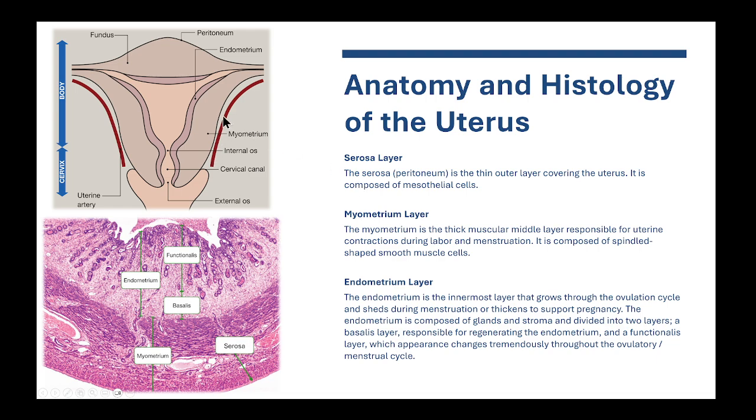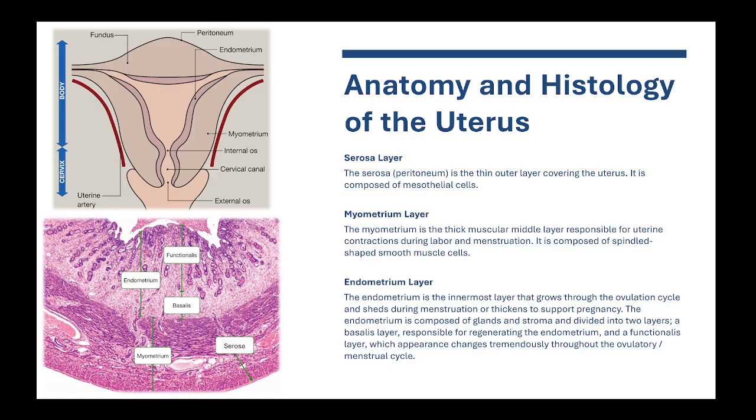The outside of the uterus is covered by a serosa, which is a layer of mesothelial cells or peritoneum. The wall of the uterus is the myometrium, and it's composed of smooth muscle cells, and their role is to produce uterine contractions during labor as well as during menstruation. And finally, the inside of the uterus is covered by the endometrium.